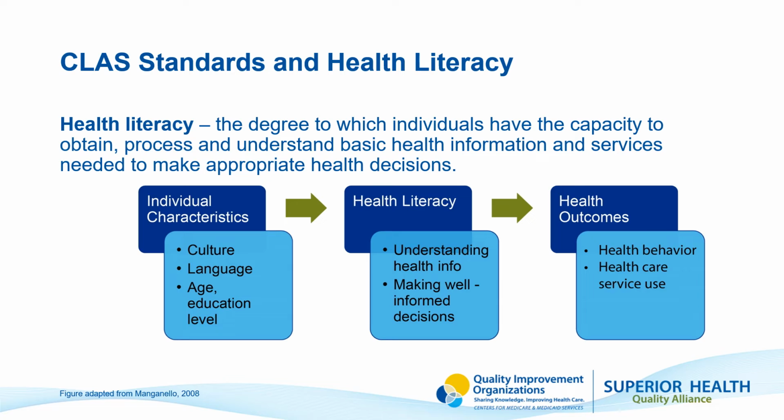If we can communicate with patients in ways that account for their individual characteristics and their health literacy levels, we can help these patients navigate and use the health system in ways that work for them. Essentially, organizations that adopt the national CLAS standards and provide materials for people with lower levels of health literacy help more people access services and care that they need.